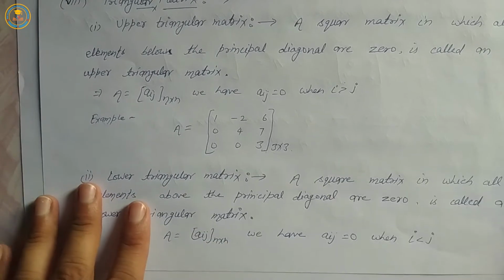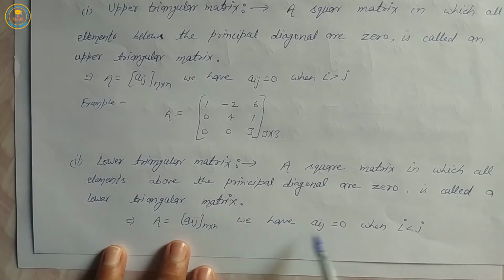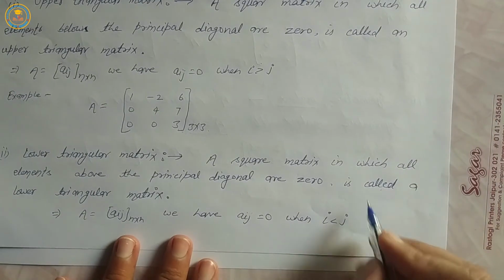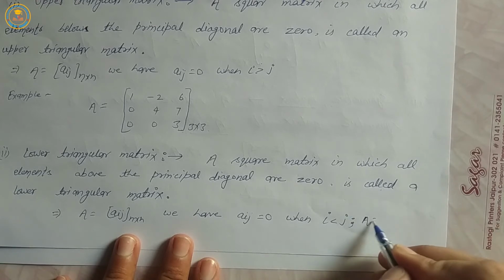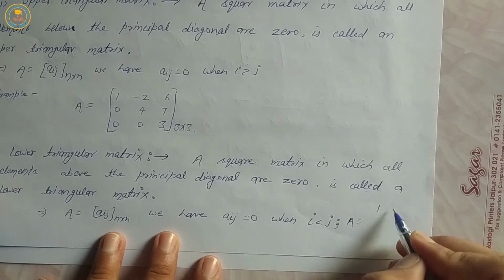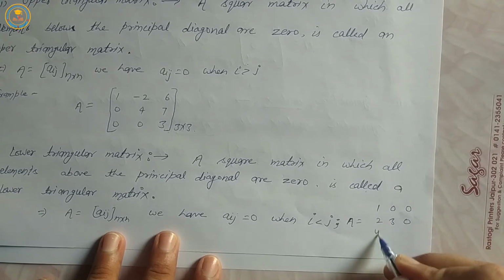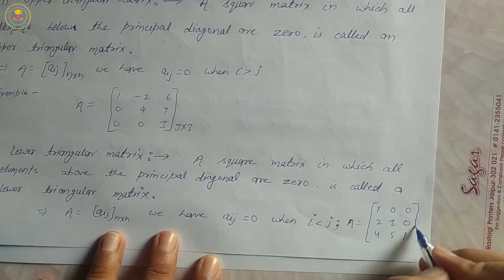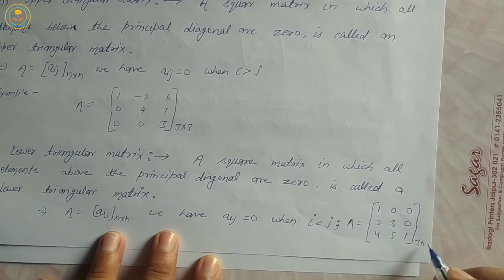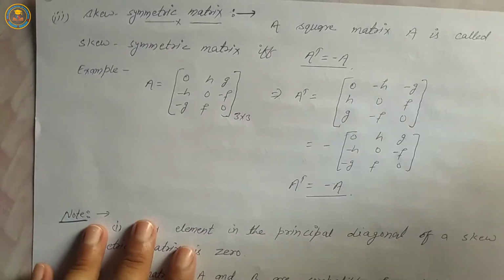That is, A is equal to [aij] of order n cross n. We have aij is equal to 0 when i is less than j. For example, A is equal to 1, 0, 0, 2, 3, 0, 4, 5, 1, a 3 by 3 matrix.